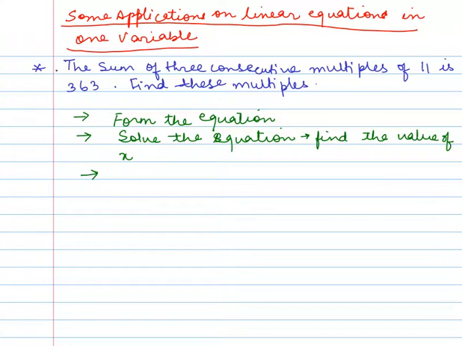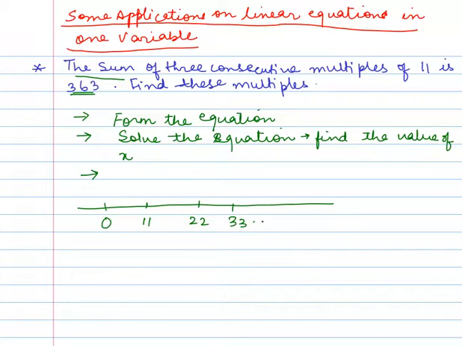Now let us solve this question which says that the sum of three consecutive multiples of 11 is 363. Find these multiples. Now the consecutive multiples of 11. If we look at the table of 11, 11 into 1 is 11, 11 into 2 is 22, then 11 into 3 is 33, and so on.